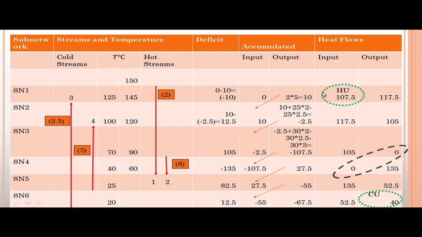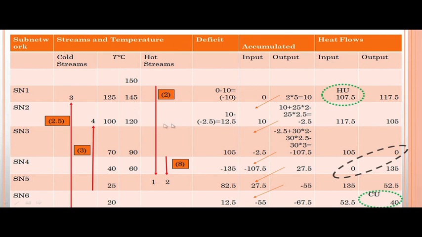Then what is the output of this particular subnetwork? That means subnetwork 1 will go as the input of subnetwork 2. So, this has an input for subnetwork 2, that is 10, and then we consider that there are two streams, one having 2.5 heat capacity rate, another having 2 heat capacity rate.